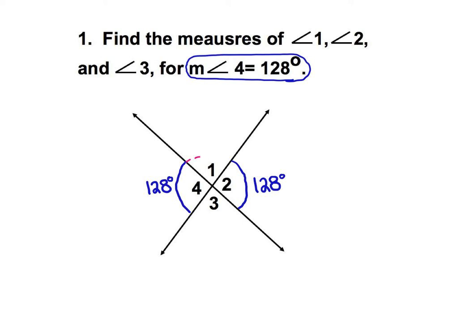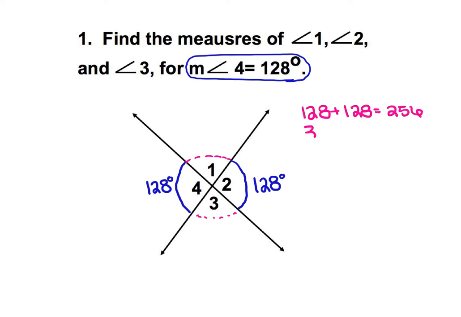If I fill this in right here, we see the circle? How many degrees are in a circle? 360. So Nick has said, combine the 128s. How much does that give you? 256.